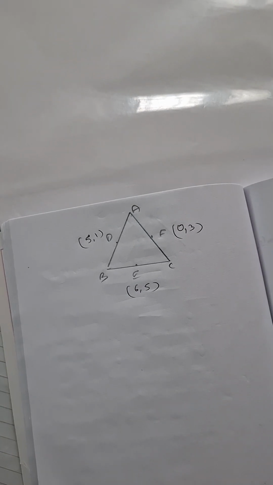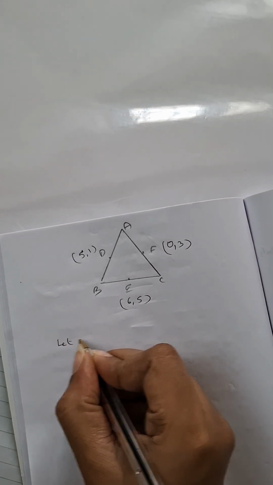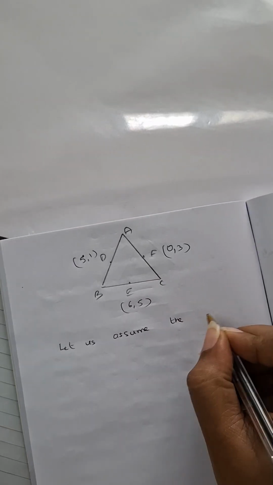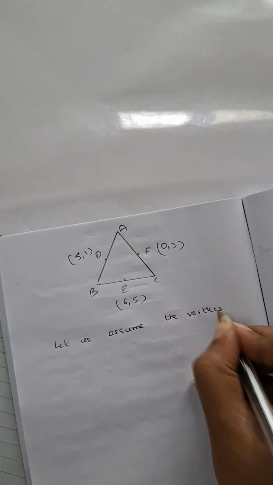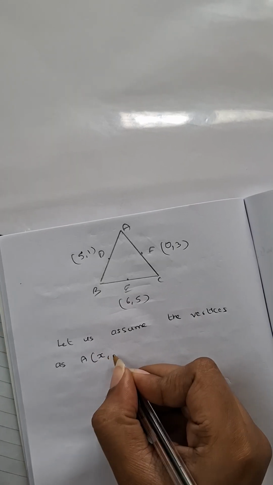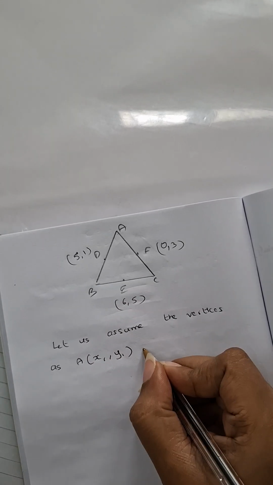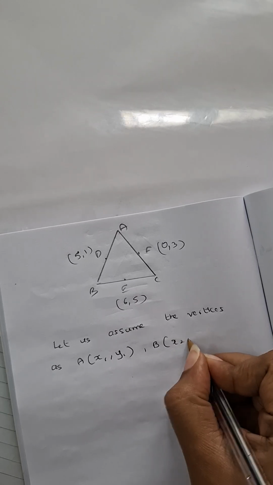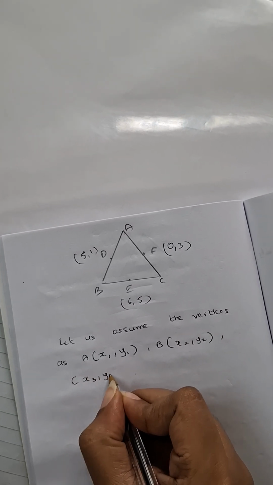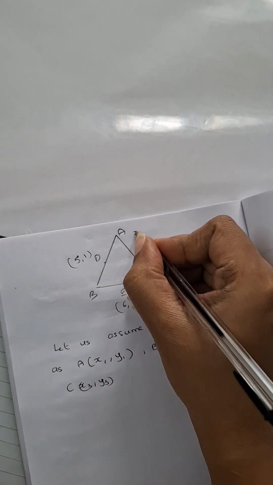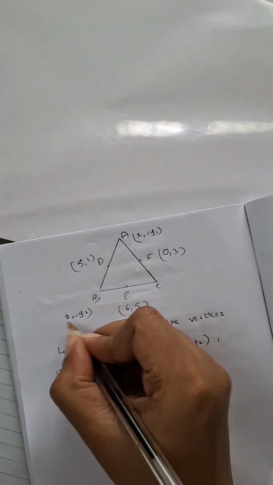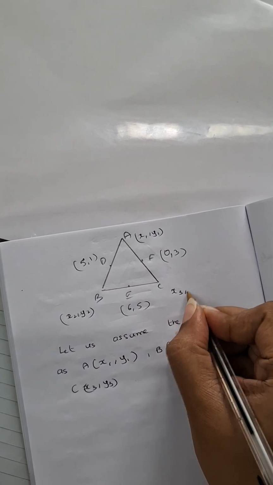So let us assume the vertices as A (x1, y1), B (x2, y2), C (x3, y3). So I am marking it x1, y1, x2, y2, x3, y3.